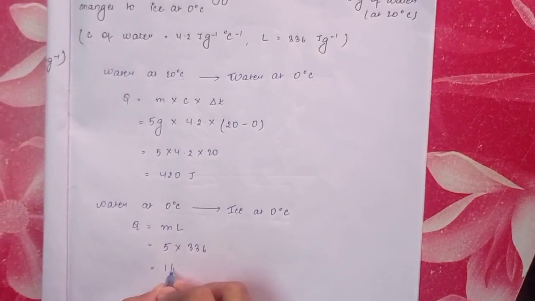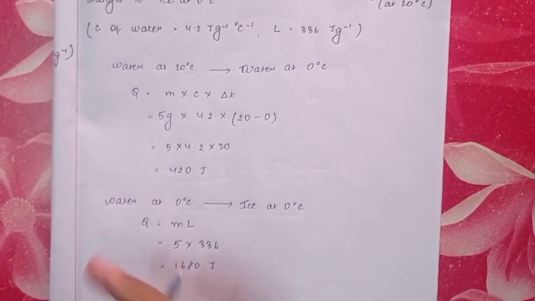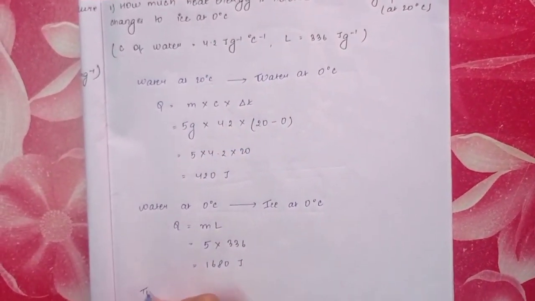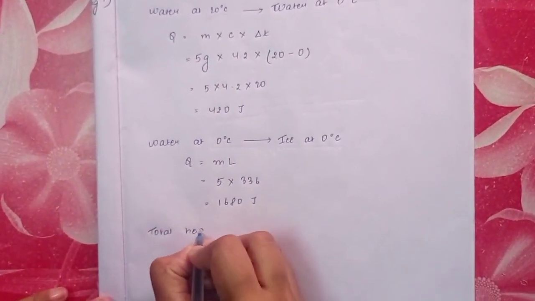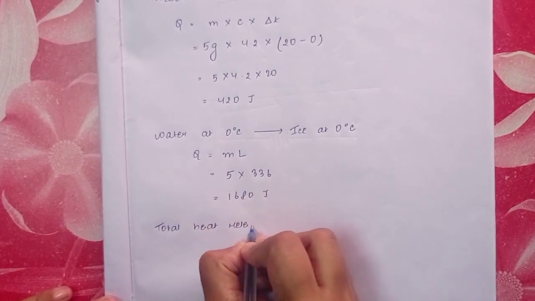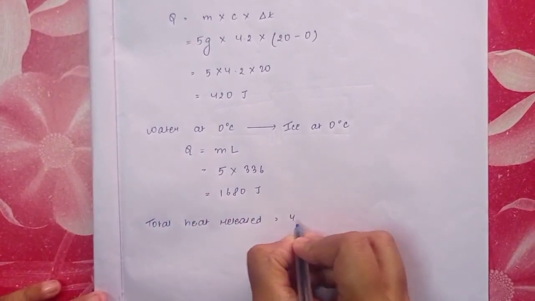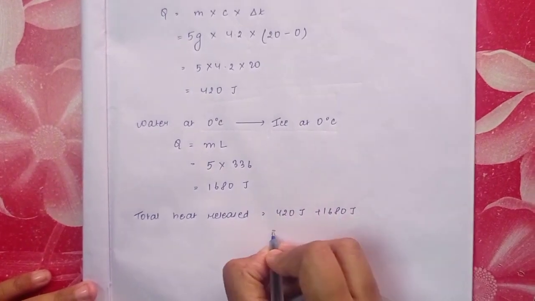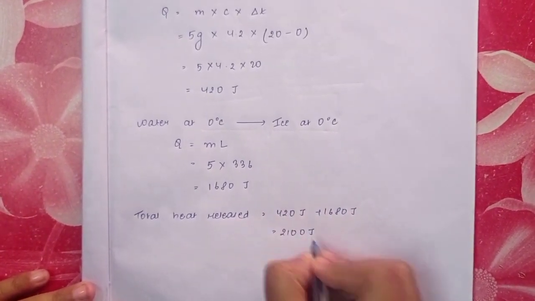It comes up to 1680 joule. Now this is the total heat, the sum of these two. So the total heat released will be 420 joule plus 1680 joule, that is 2100 joule.